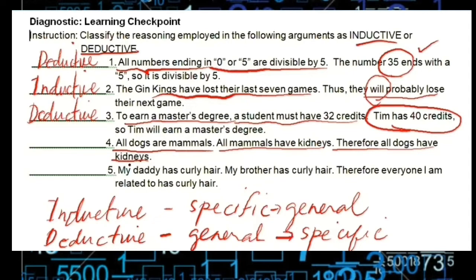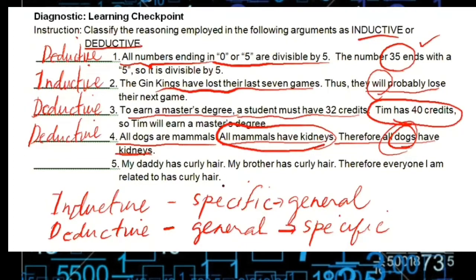So, pag all, puro general statement. And then, in here, sabi, all mammals have kidneys. Ayan yung second statement. And then, nagbigay siya ng specific example ng mammals, dogs. And also, dogs have kidneys. So, general rule, general statement to specific example, deductive.